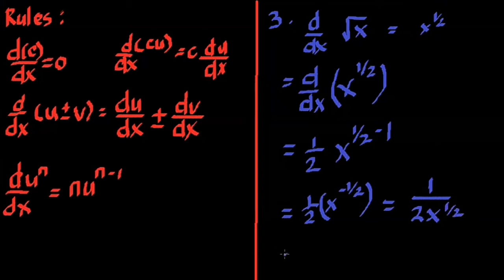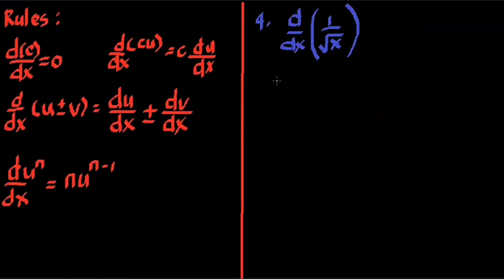And we could rewrite it as a function or in terms of square root. So this would be 1 over 2 square root of x. So that's it.